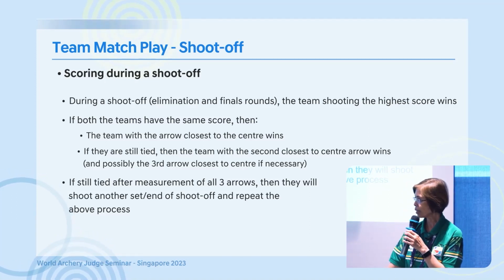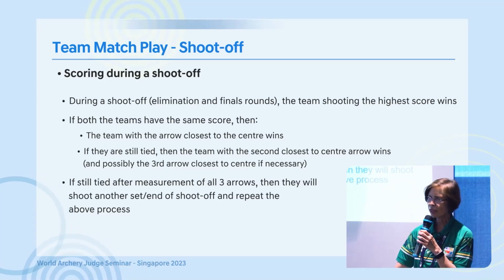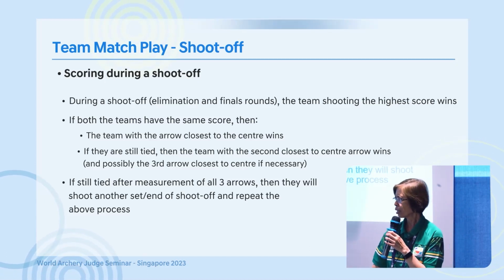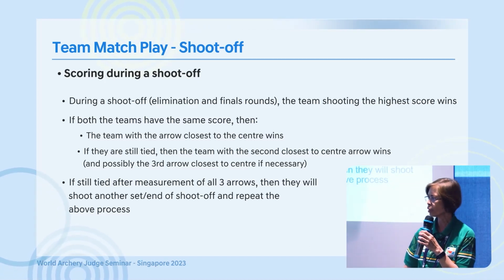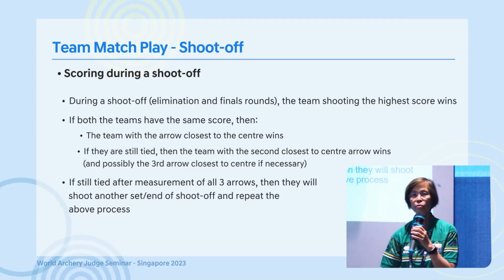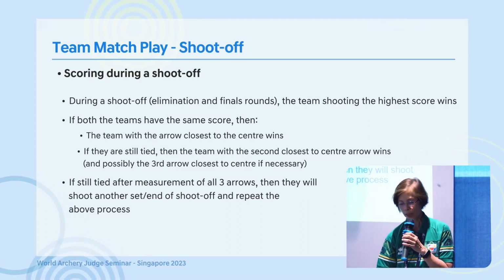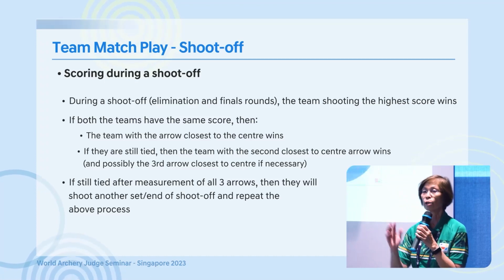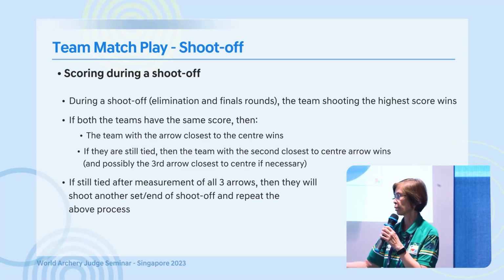I heard somewhere a long time ago, but that was really very once upon a time. That is very rare. That really hasn't happened. But the rule is there in case it does happen.